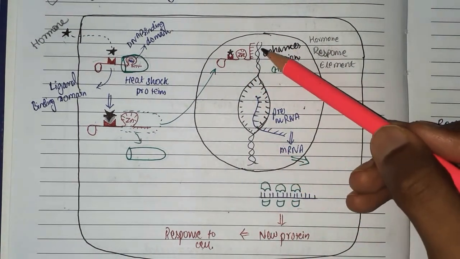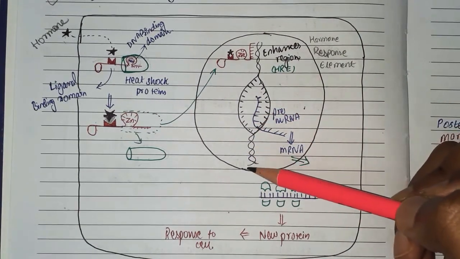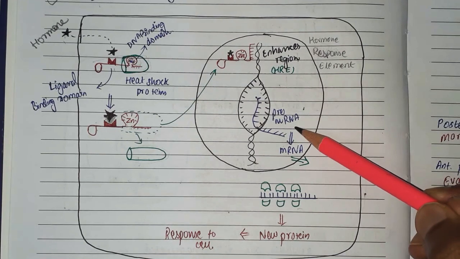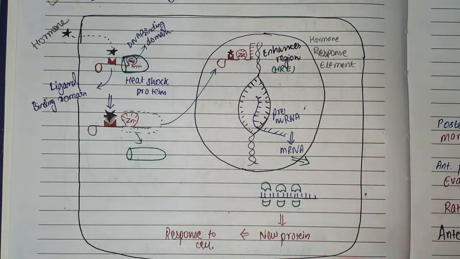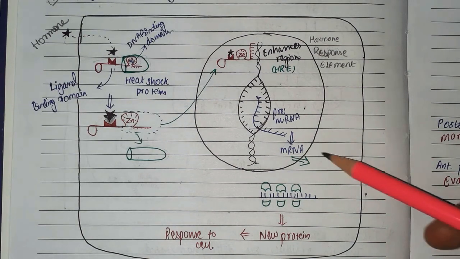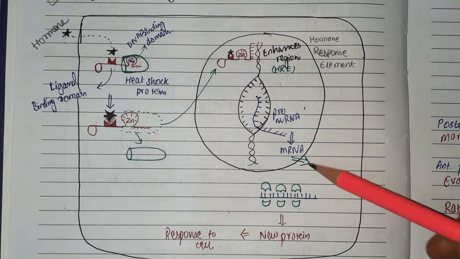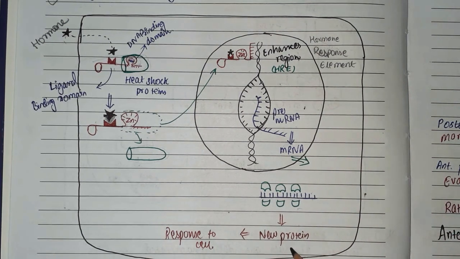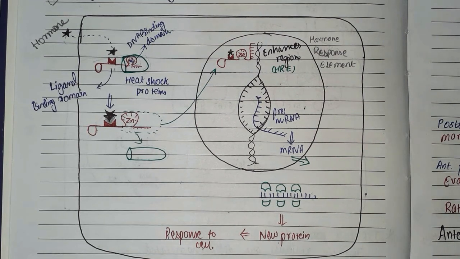This region activates the DNA to undergo transcription, giving rise to a pre-mRNA, and the pre-mRNA undergoes certain modifications and gives rise to mRNA. The mRNA leaves the nucleus, and in the cytosol translation occurs and gives rise to new proteins, and these proteins give a response to the cell. So this is how intracellular receptor action takes place.